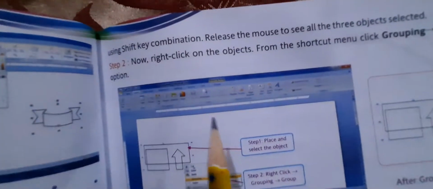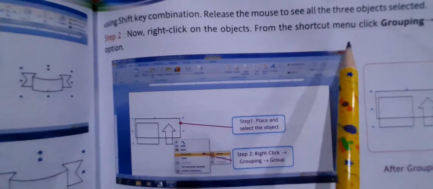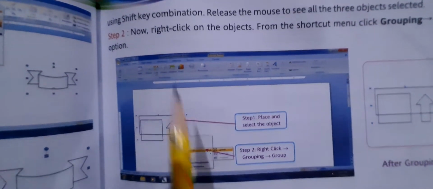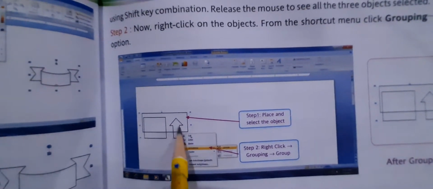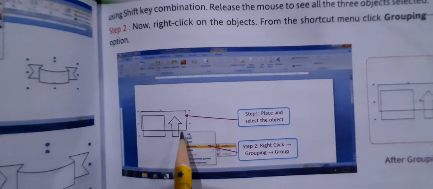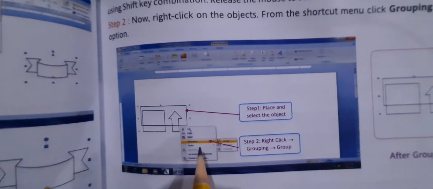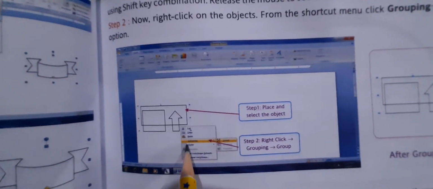Okay. Now right click on the objects. From the shortcut menu, click the grouping option. Means when you have placed them together like this, you will use right click. It will open a shortcut menu like this, and from here you will click on grouping.